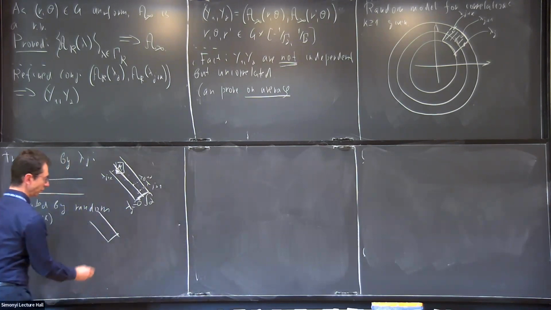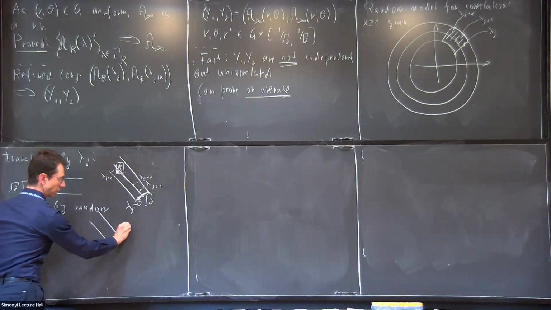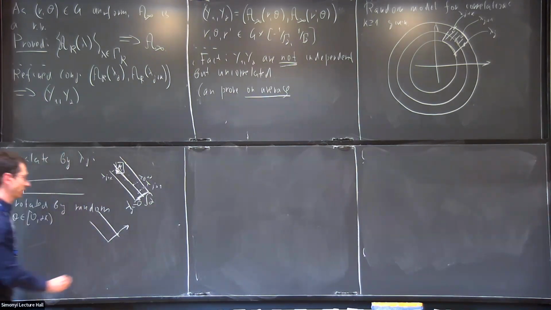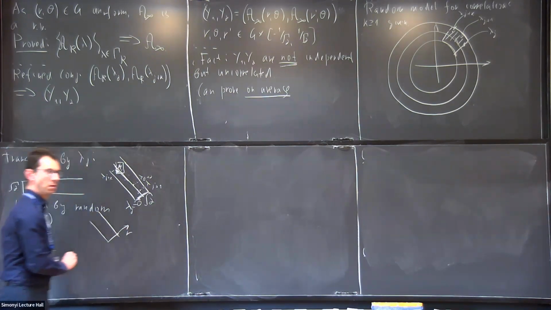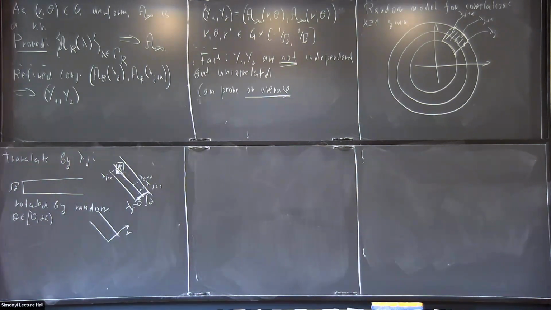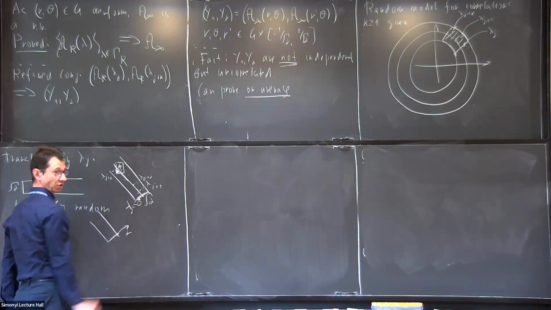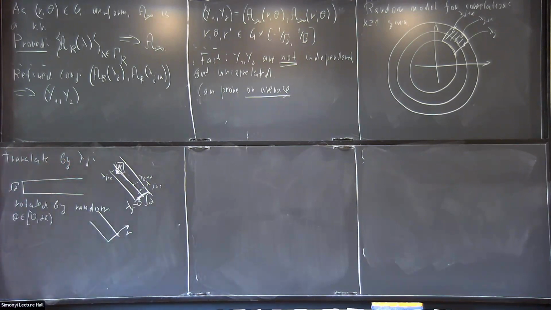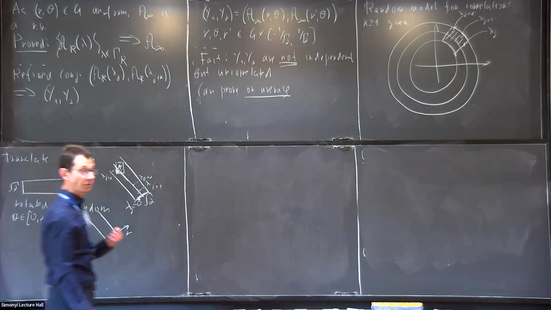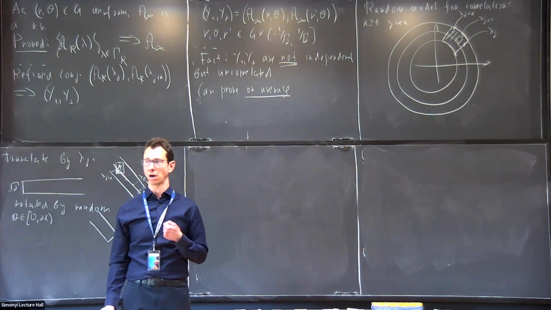But we also need to shift it by distance r in the direction of the short side, because this is the new origin that corresponds to the point lambda j with shifted polar coordinates r.